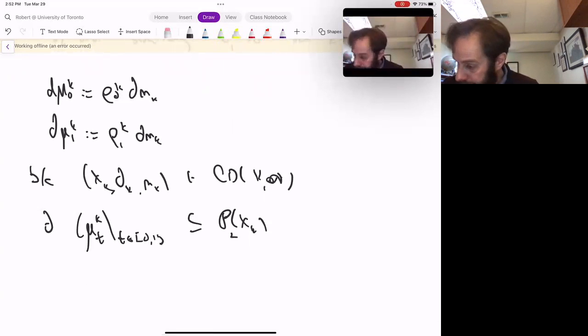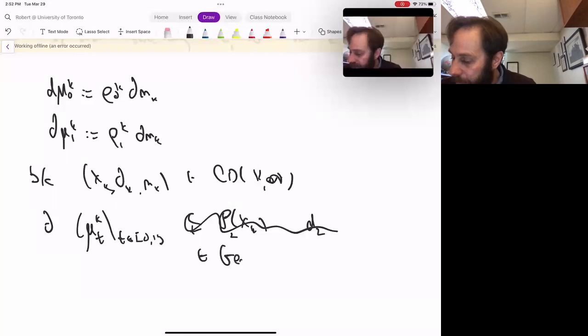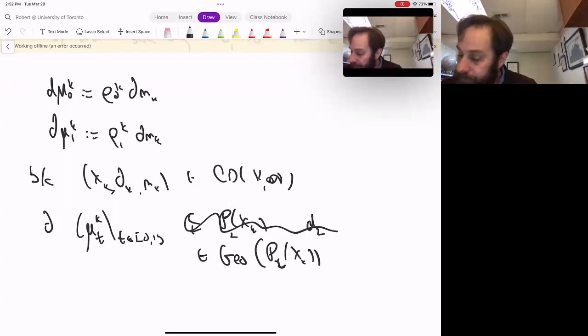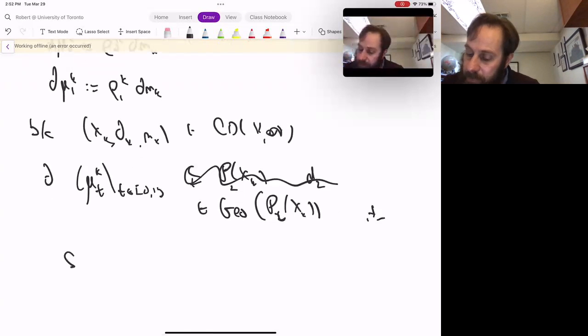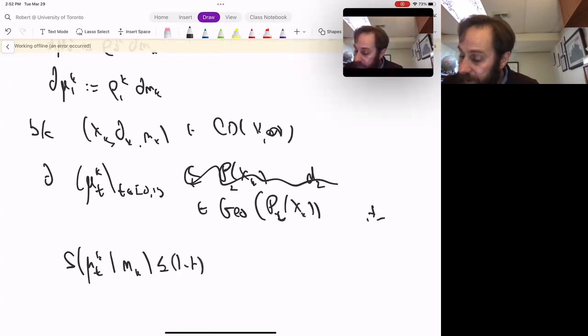Well, maybe I should say it's the geodesic on P2 of xk, such that the relative entropy of mu tk with respect to mk satisfies the desired inequality.